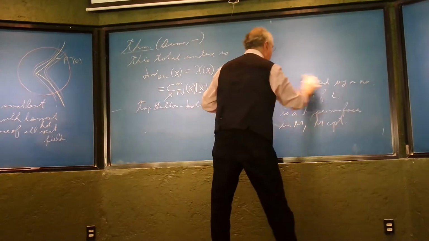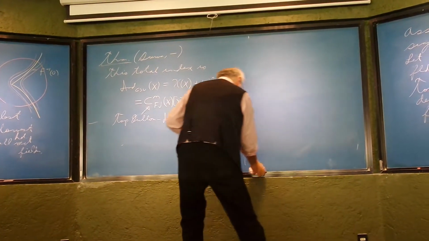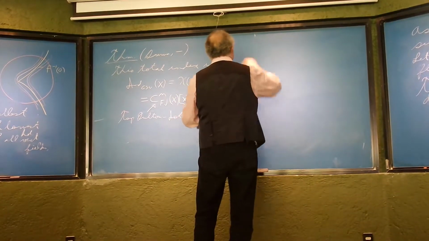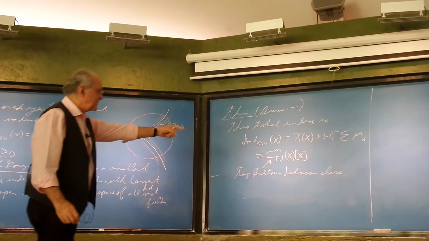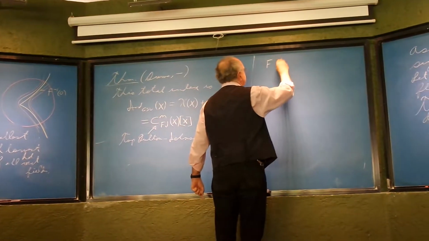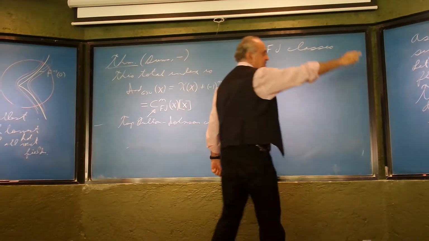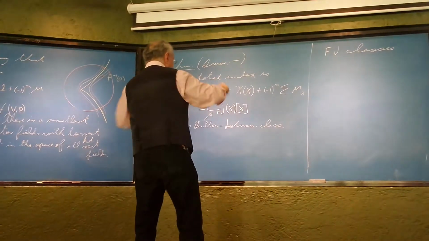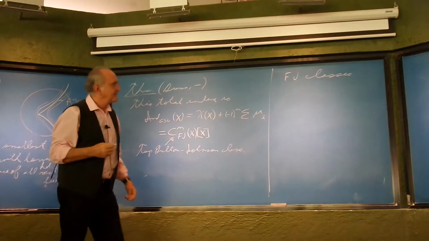It's a little formal, but it's more or less easy to define, and they are very computable. Let me define the Fulton-Johnson classes in the setting we have here, where X is defined by a section of a line bundle and so on.